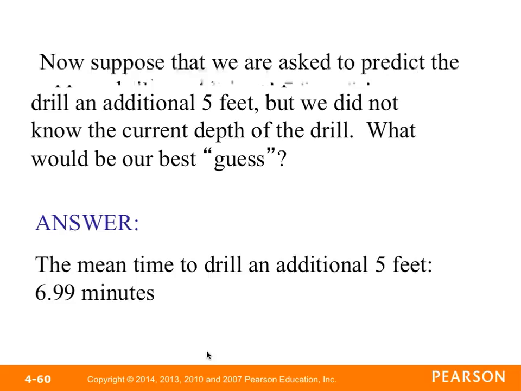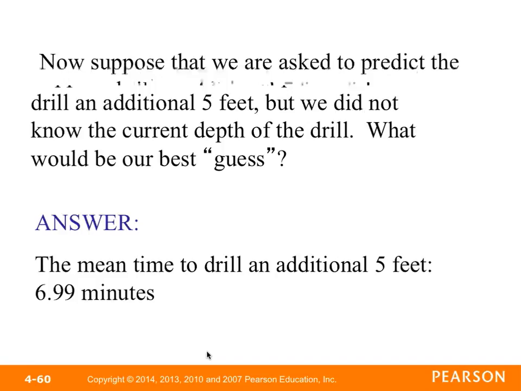Okay, now suppose that we are asked to predict the time to drill an additional 5 feet if the current depth is 160 feet. So in order to do that, it would be best to actually use the equation that we created. So we have that equation, y hat equals 0.0116 times x plus 5.53. So all we have to do is just plug 160 in for x.